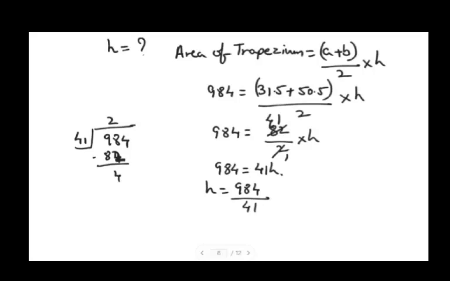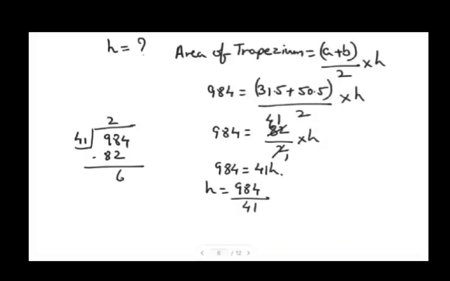Sorry, 82. What is wrong? 41 into 2, 2 1s are 2, 2 4s are 8, 82. Yes, 82. Sometimes mind boggles.